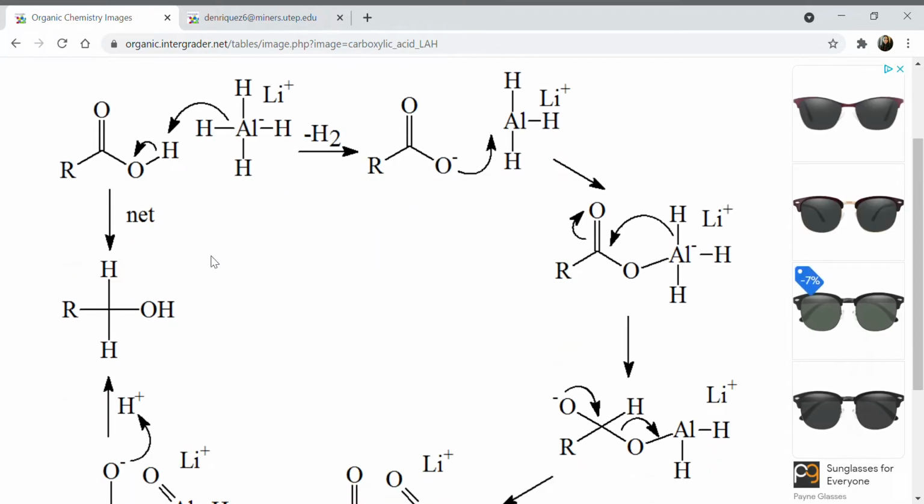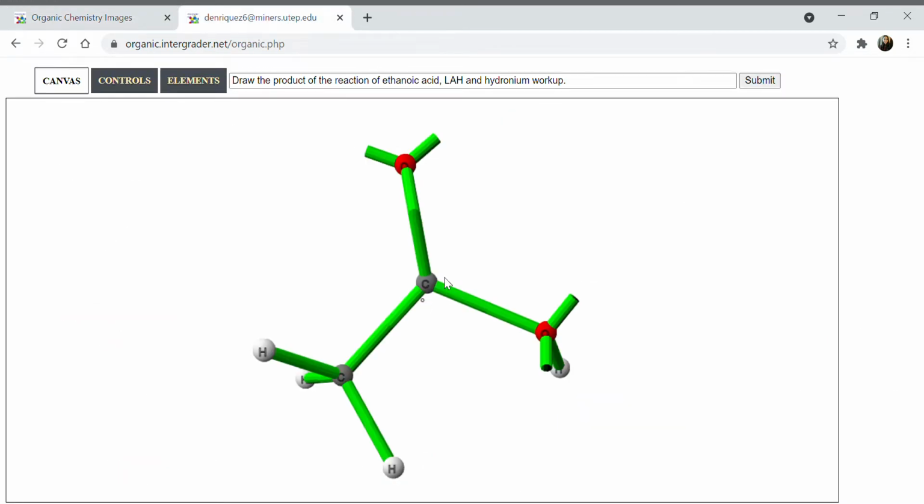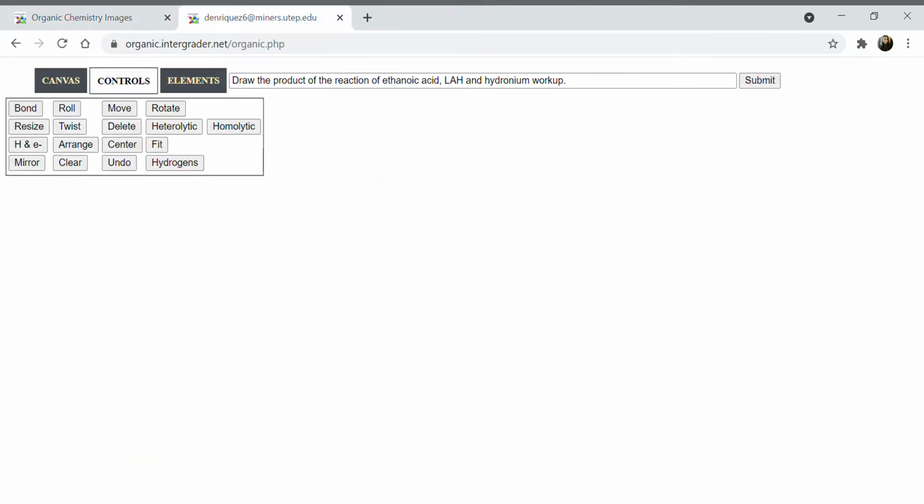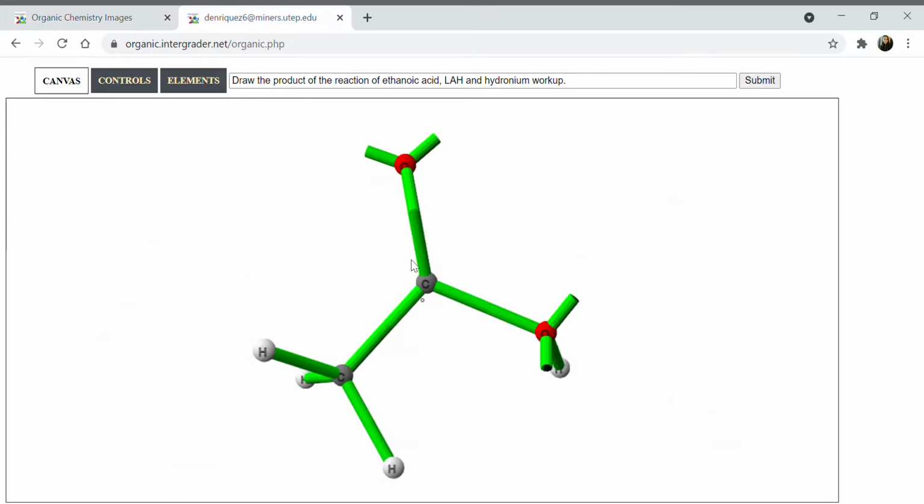So I'm going to go down to the net product, and I see that this carbon is my focus. I'm going to make sure it has 2 hydrogens, an OH group, and the R group remains. So all I'll simply do is, I'll add an oxygen atom just to have some hydrogens already there.